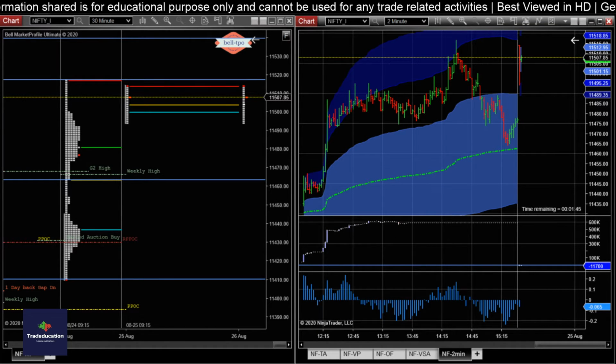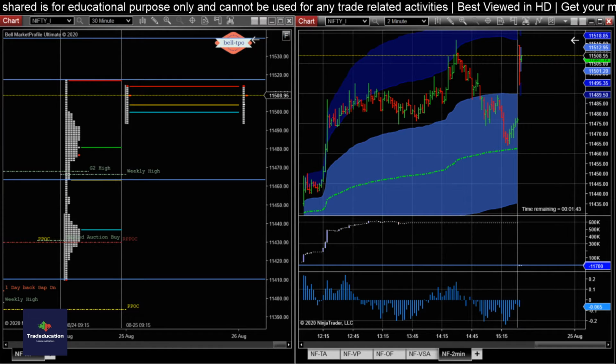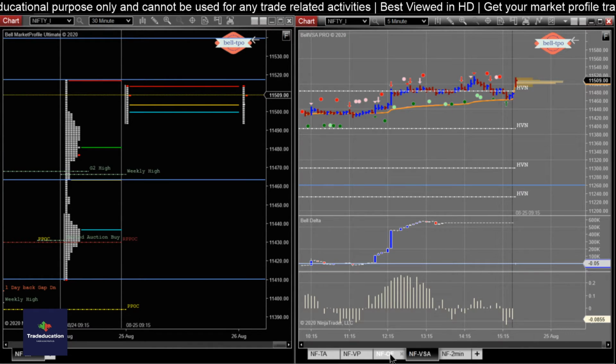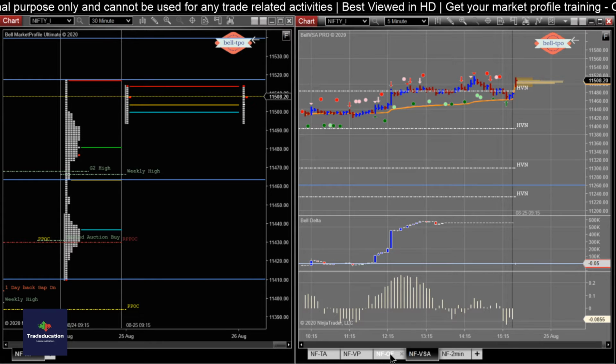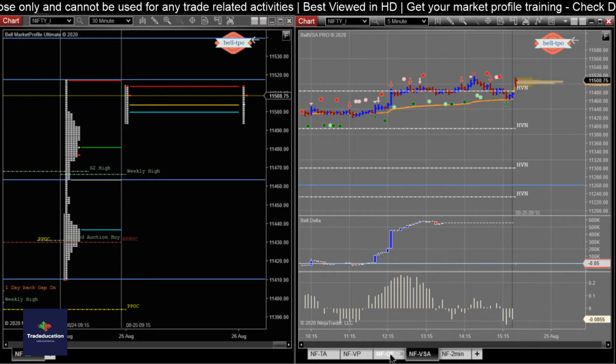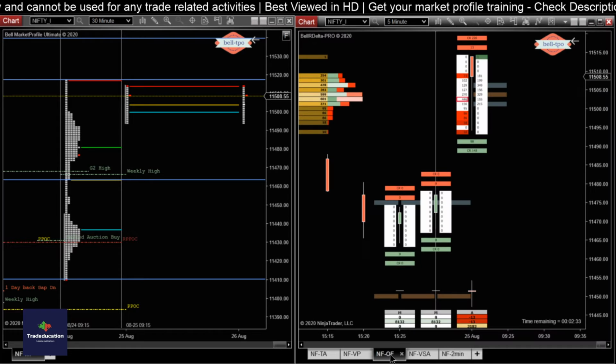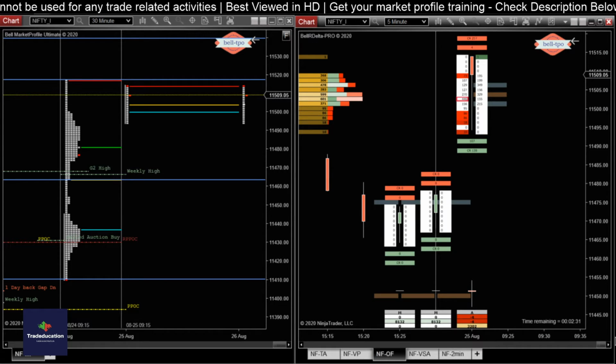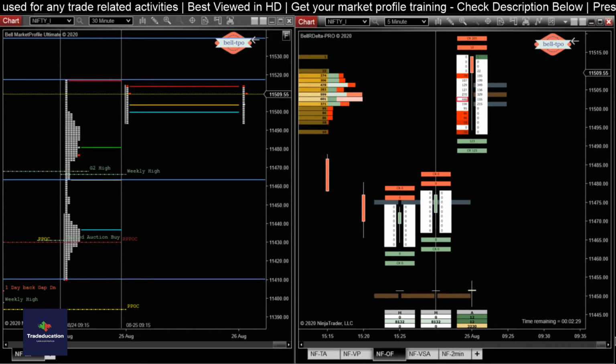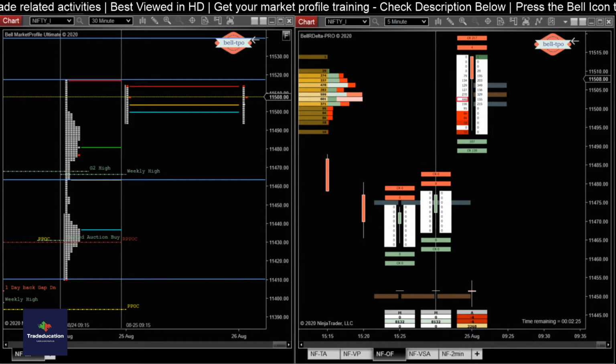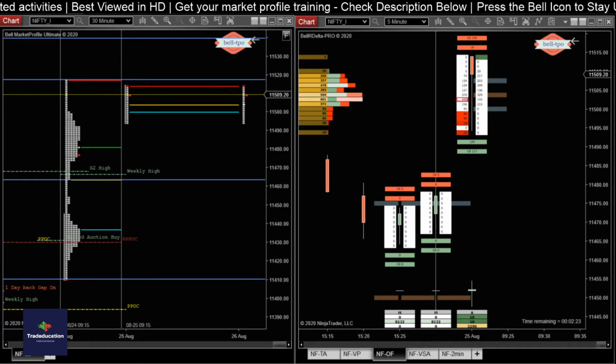Delta is negative and currently it's trading above VWAP. So good buying pressure coming in, absorption of supply going on.